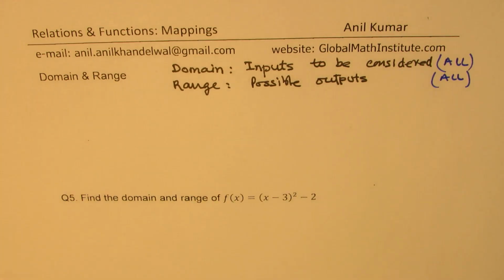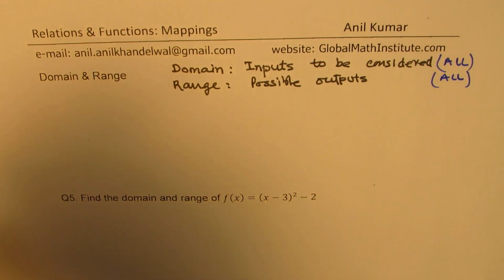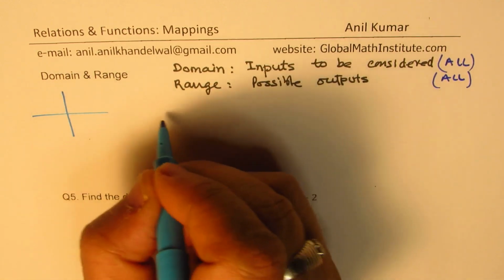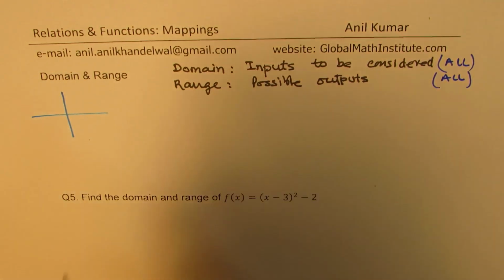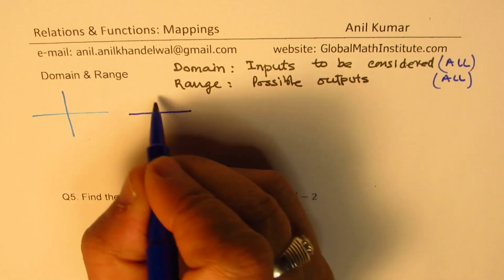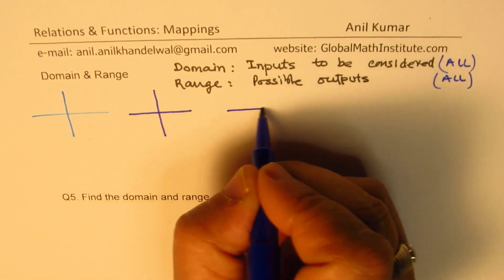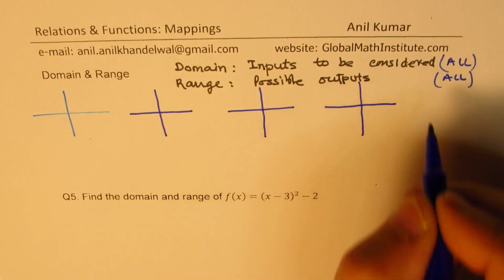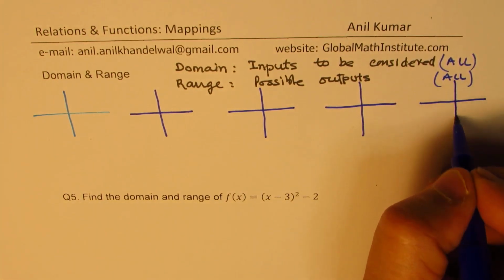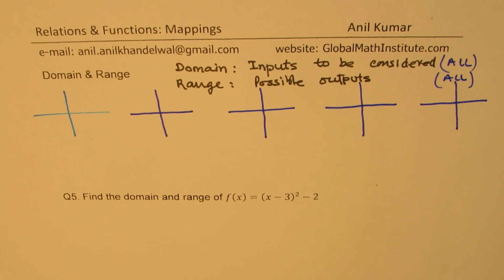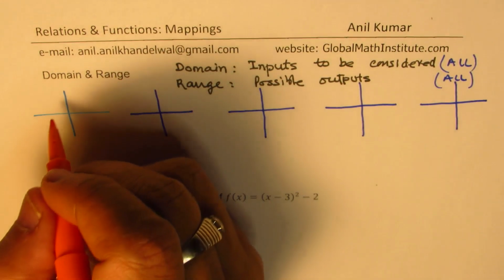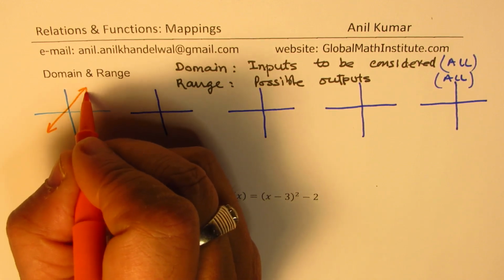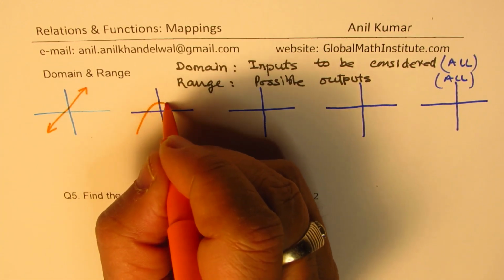So for example, let's take a graph. We'll actually plot 5 graphs here, and then we'll write down their domain range. Okay. So we could have a graph which is kind of a straight line. We could have a graph which could be kind of like this.